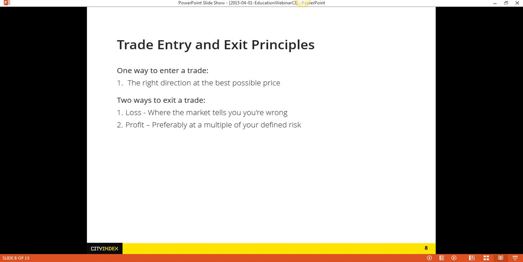Now, if your profit is larger than your risk, let's say it's 1.5 to 1, or 2 to 1, or 2.5 to 1, or 3 to 1, then you could afford to win a lot less than 50% and still be consistently profitable. So that's what I'm talking about here in terms of the exit principles. So loss where the market's telling you you're wrong, profit preferably at a multiple of your defined risk, but also keep in mind that 1 to 1 is also a multiple.